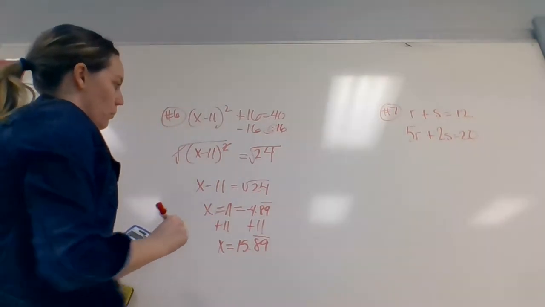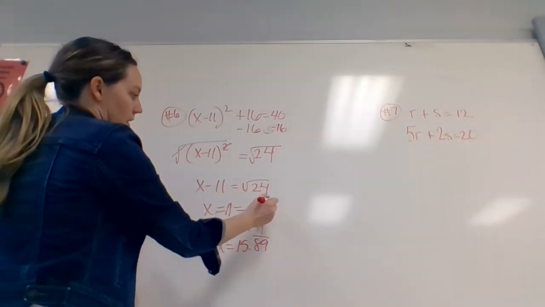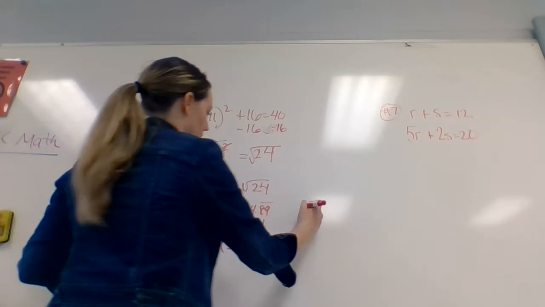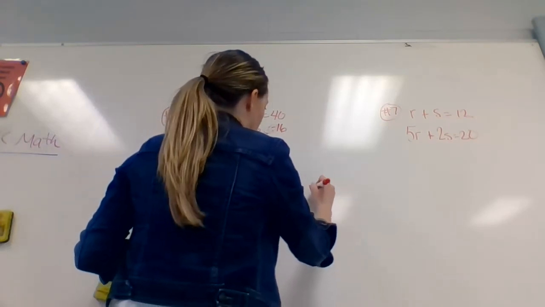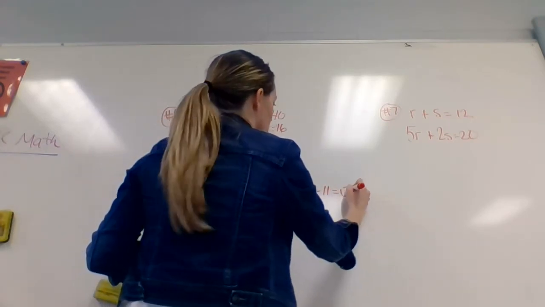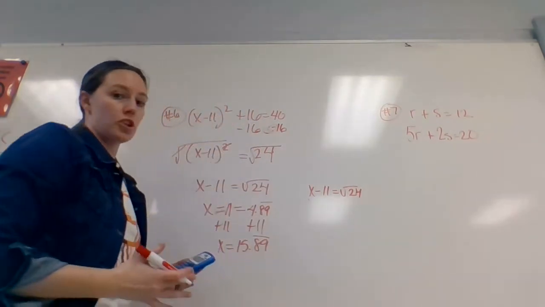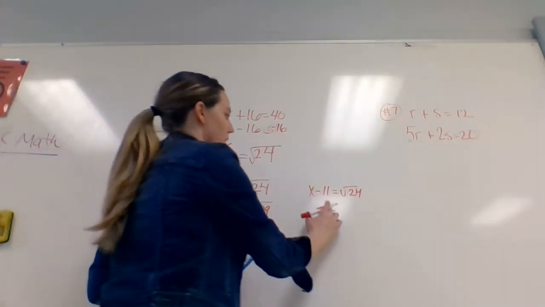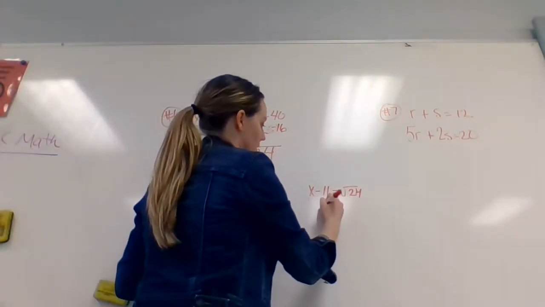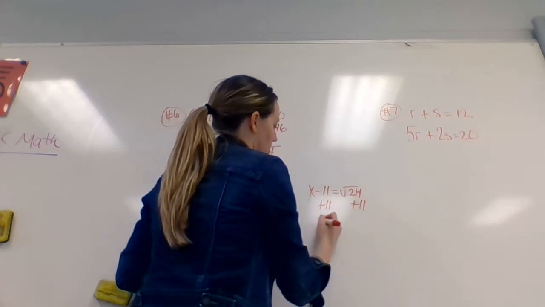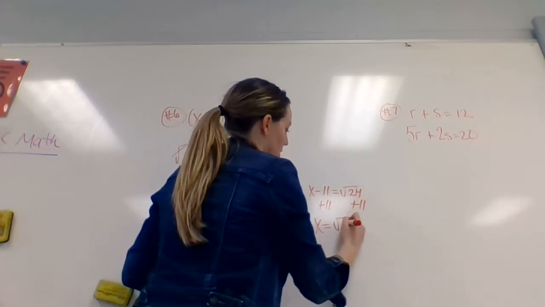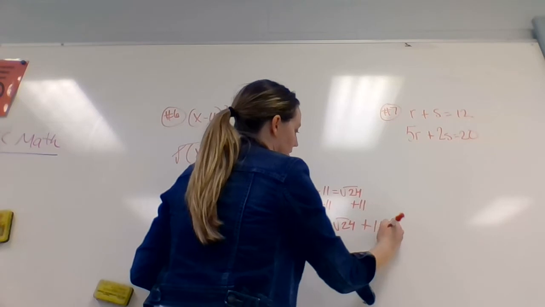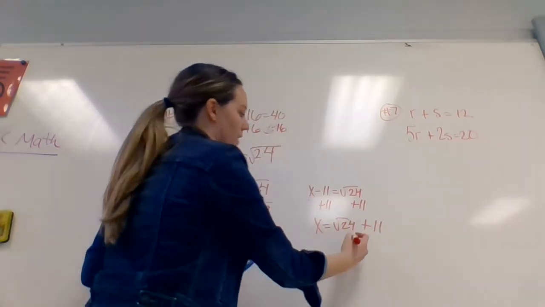Otherwise, I'm going to rewrite it over here, x minus 11 equals the root of 24. She could just be looking for moving this 11 out of the way, x equals the root of 24 plus 11, and then you may need to simplify as well.